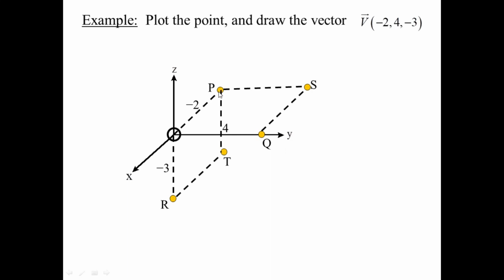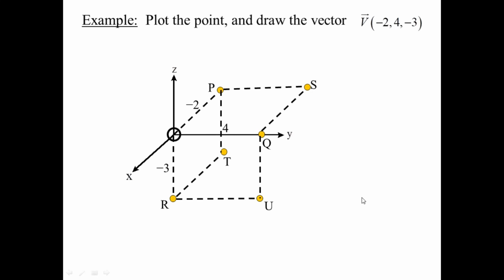Again, I just drew parallel to the z-axis and drew some more parallel to the x-axis, and it comes to this point T. Next, I went parallel to the y-axis and then parallel to the z-axis, and it forms this parallelogram.